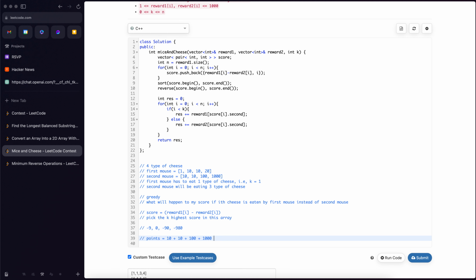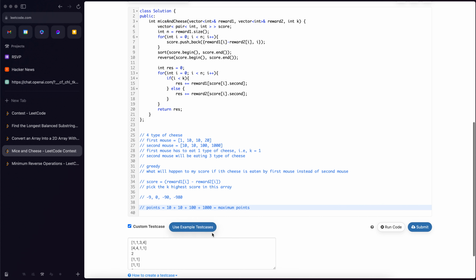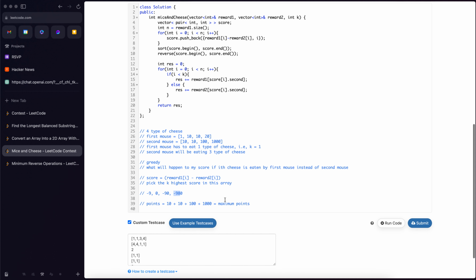So this would be our final maximum points. Why does this work? Because you don't want to take these negative values in the score array, since for those cheeses it's better that the second mouse eats them.